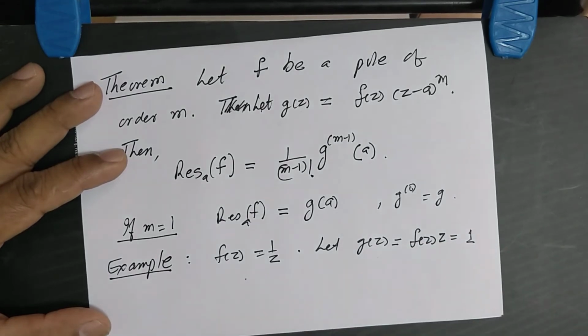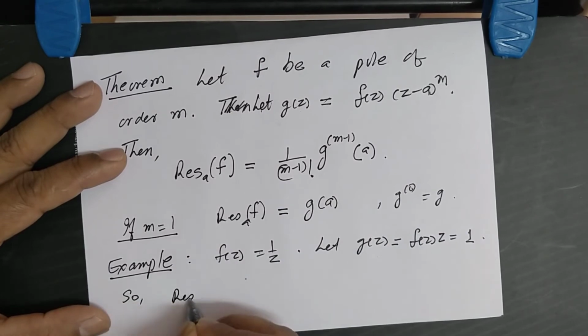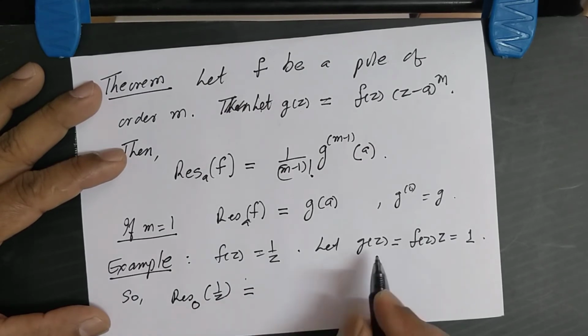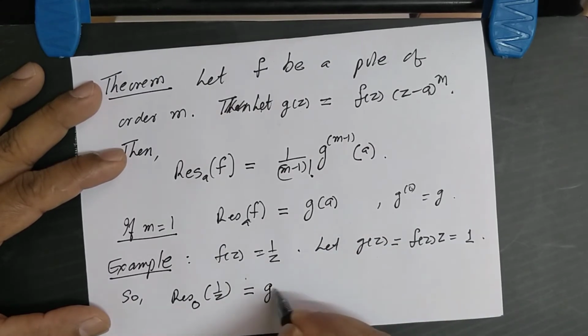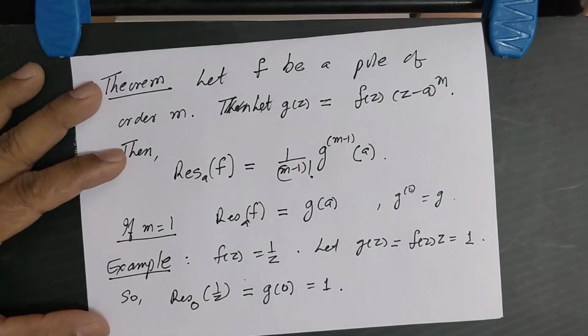So what is the residue of 1 over z at 0? It is just the value of g at 0, but g is a constant function, so this is equal to 1.